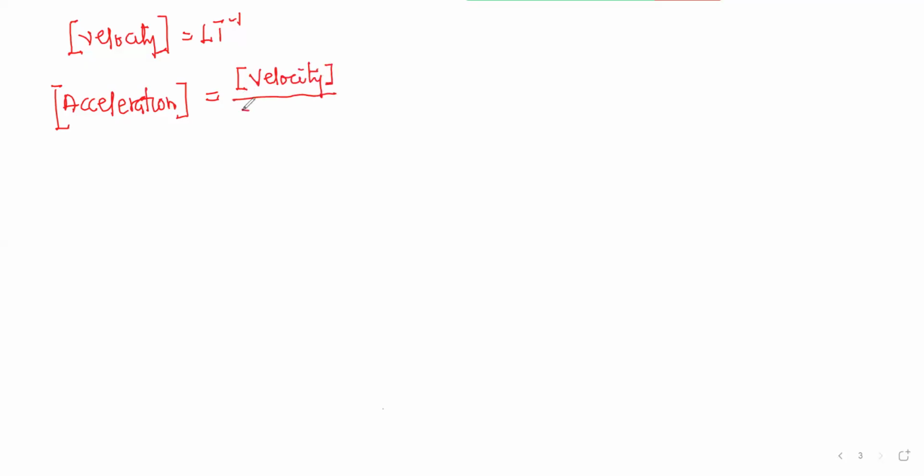We have the dimension of velocity already, which is LT exponent -1, divided by T. So this will be equal to LT exponent -1 times T exponent -1 again.